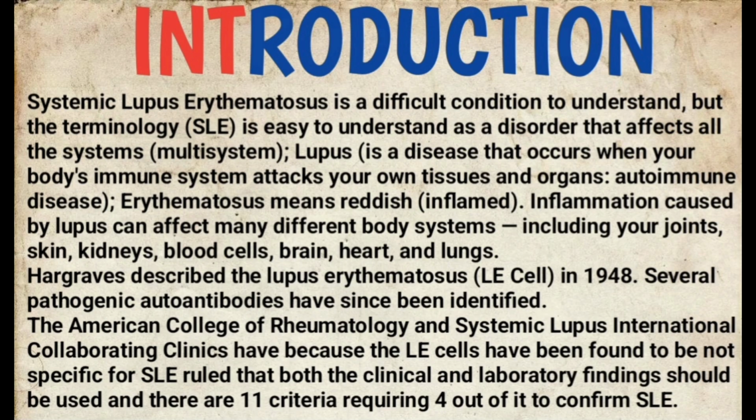Autoimmune disease, whereas the E stands for erythematosus, means reddish, inflamed. Inflammation caused by lupus can affect many different body systems, including your joints, skin, kidney, blood cells, brain, heart, and lungs, etc.